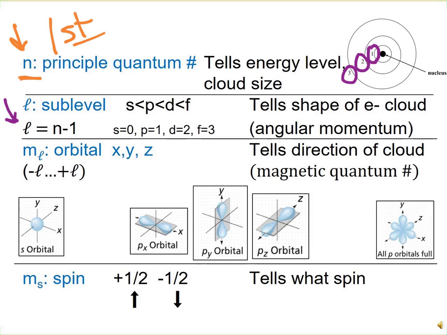We have next the direction of the cloud. So this would be m sub l. It's also called the magnetic quantum number. Really what it's telling you is the orientation of the cloud in space. So around the X, Y, or Z axis with the nucleus right at the origin. So we have an s cloud, which is just a spherical cloud, and then there's three p orbitals.